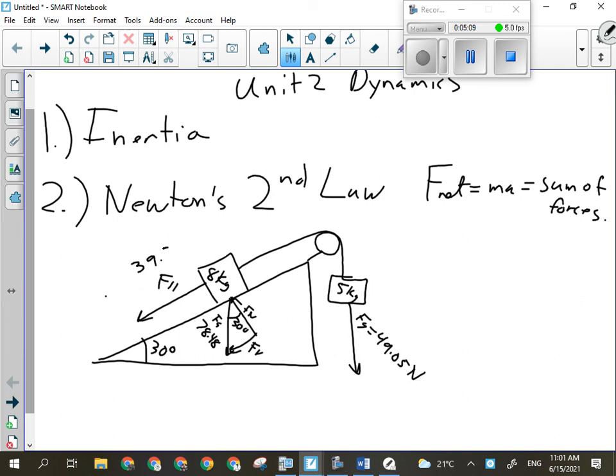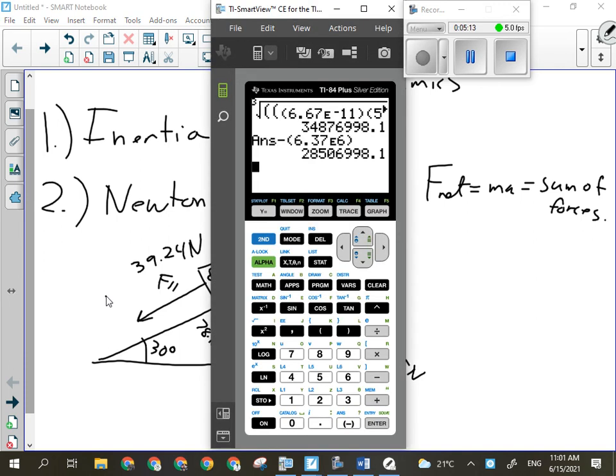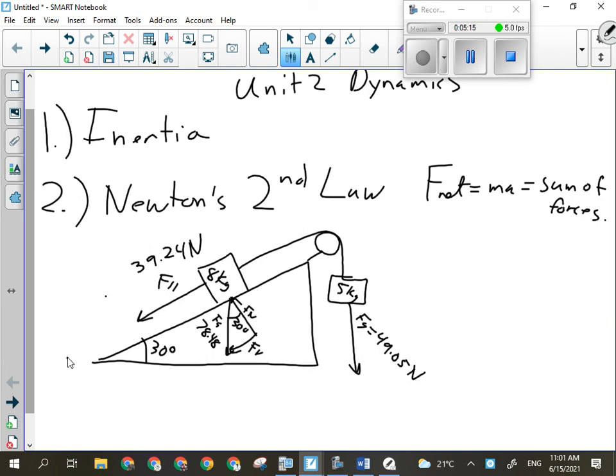So I've got now the two forces that are involved calculated. But because there's a pulley, this is a system. What do I need to remember about systems? It all accelerates at the same rate, or the net force acts on all of the mass in the system.